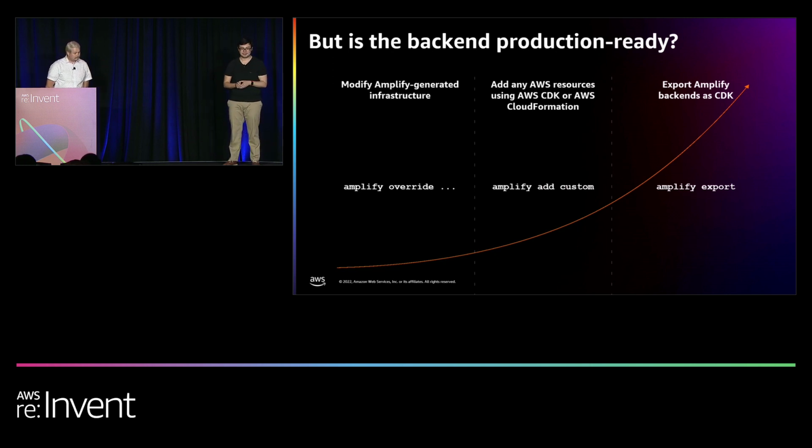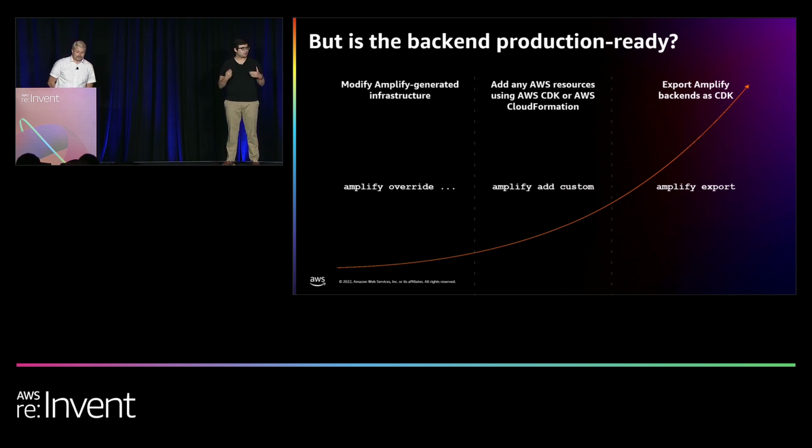And then last, but certainly not least, is a use case that is the pinnacle of advanced extensibility. It's really about being able to export your Amplify project so you can use a centralized deployment team's experience to deploy your Amplify app.